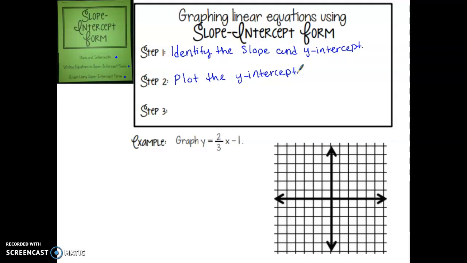And step 3, use the slope to plot additional points. You start at the y-intercept.